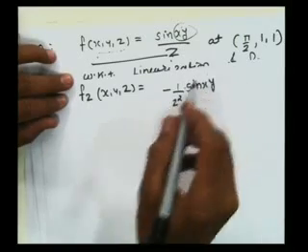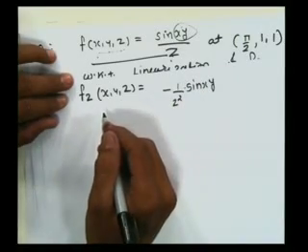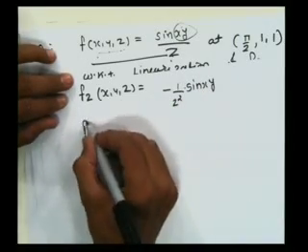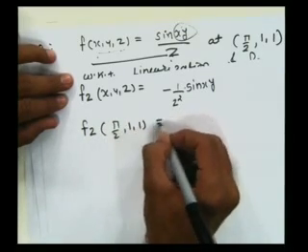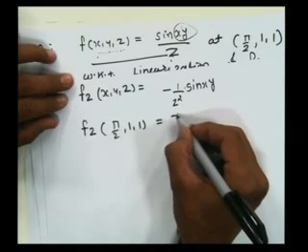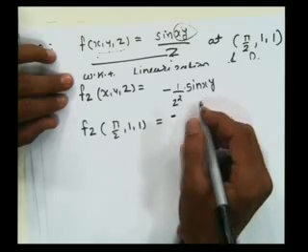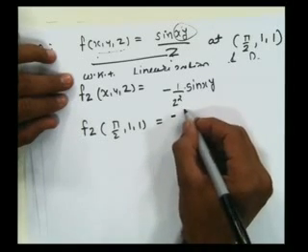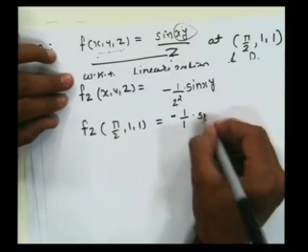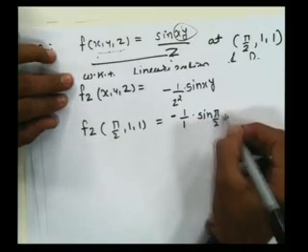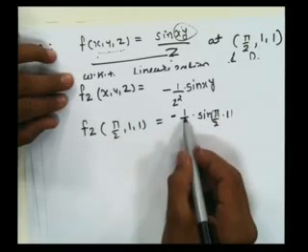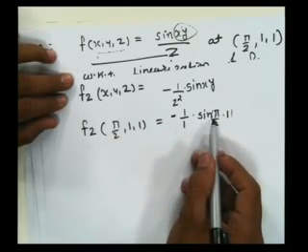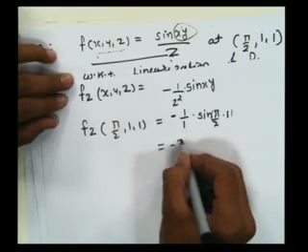So this is the partial derivative of f with respect to z. Now we want fz at the point (π/2, 1, 1). So it is −1/1² · sin(π/2 · 1), that is −1 · sin(π/2). Sin(π/2) is 1, so the final answer is −1.